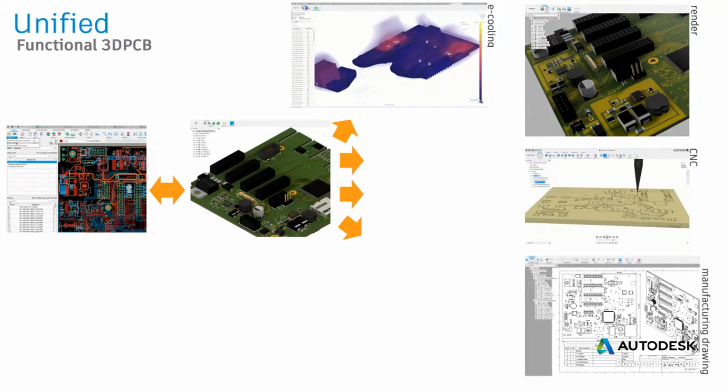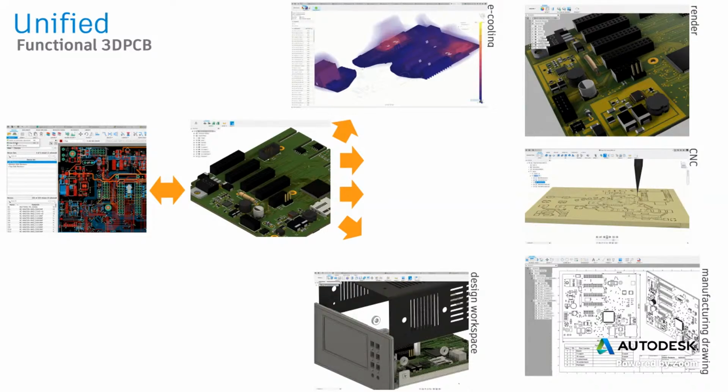Let's take it a further more. We could actually create the manufacturing drawing from within Fusion 360 by using the drawing capabilities that Fusion 360 has included. And last but not least, and we already had mentioned, is we can actually insert our PCB inside the enclosure, or we could insert the PCB into a design workspace and create an enclosure around that, depending on what workflow you wish to use.